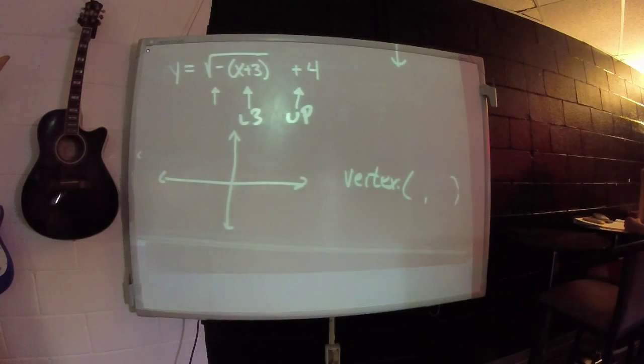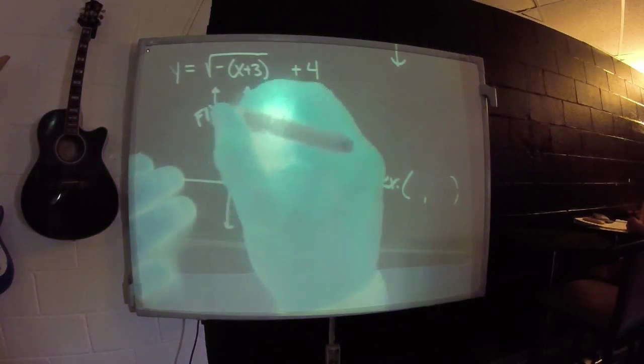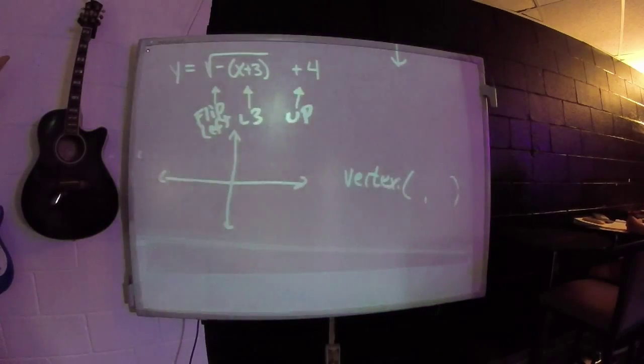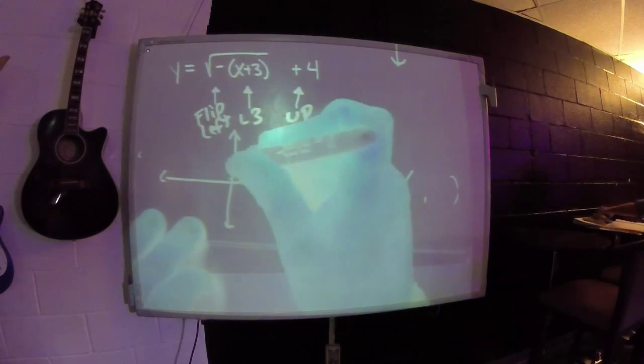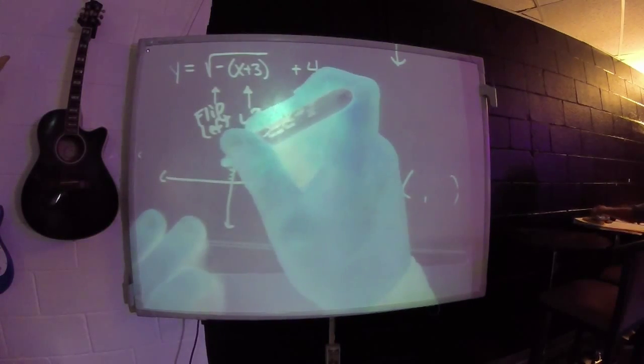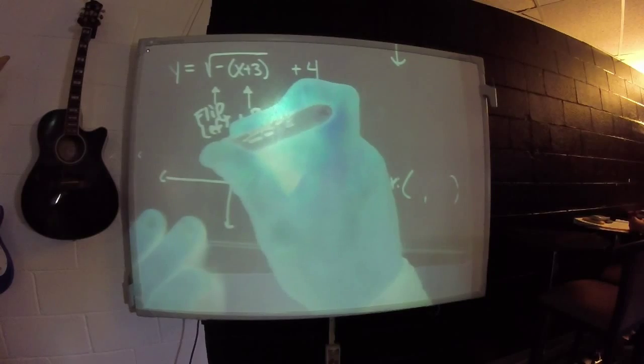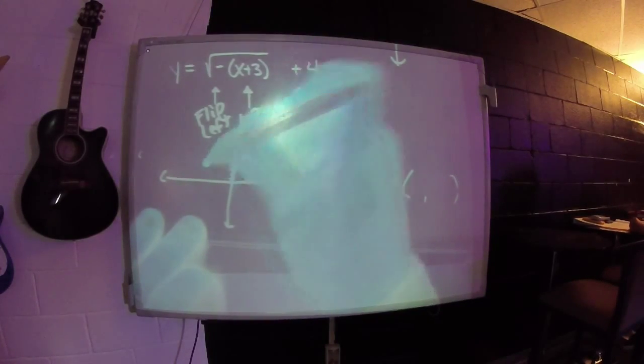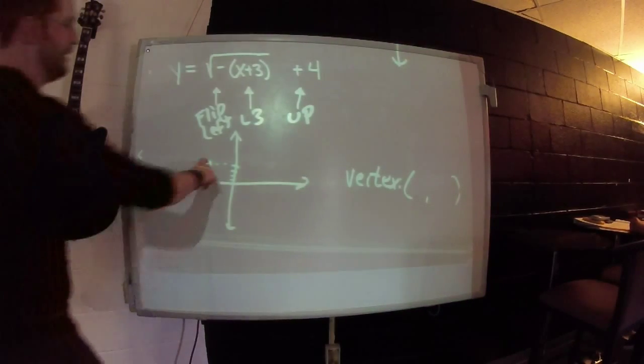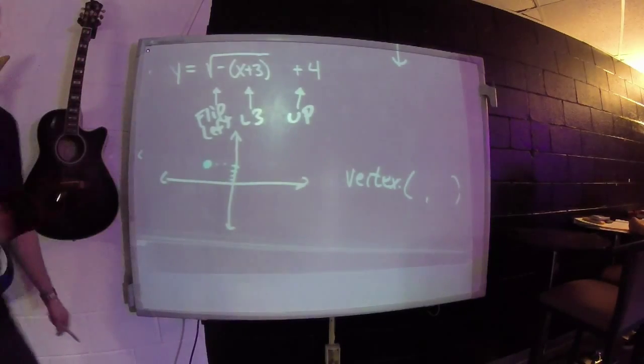Negative inside flips left. So basically if we went up 4, left 3, but instead of going this way, we flipped and we go this way.